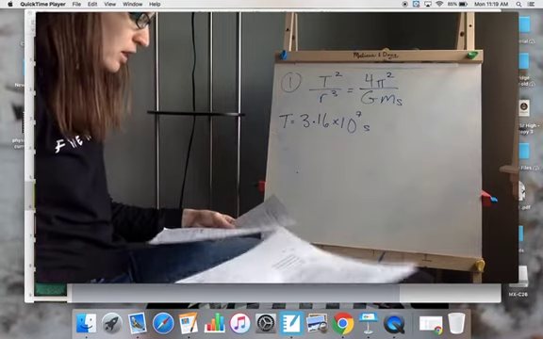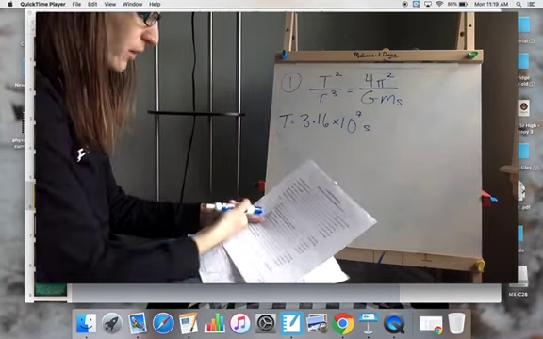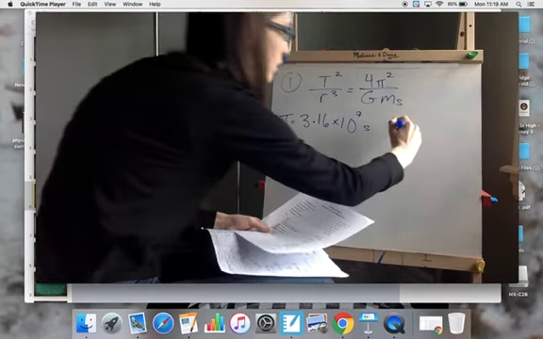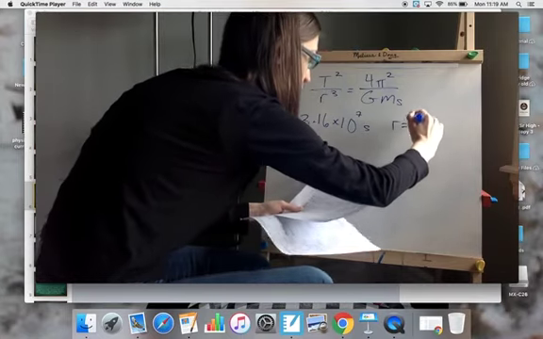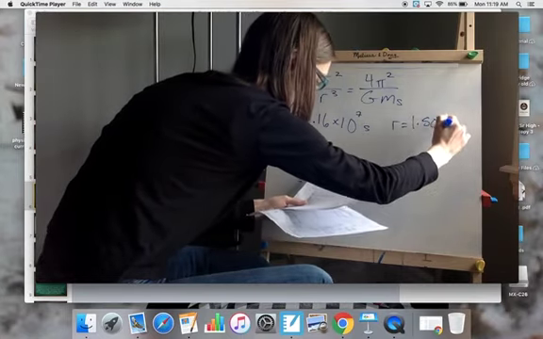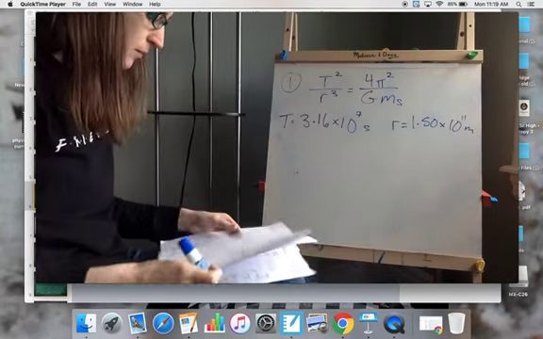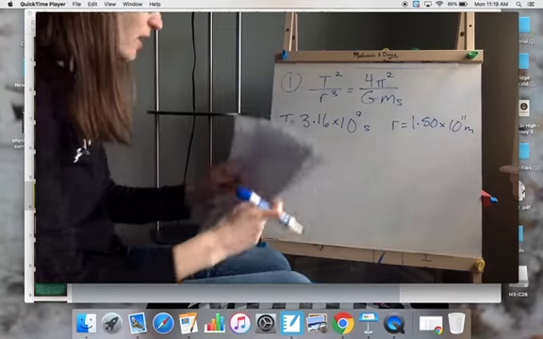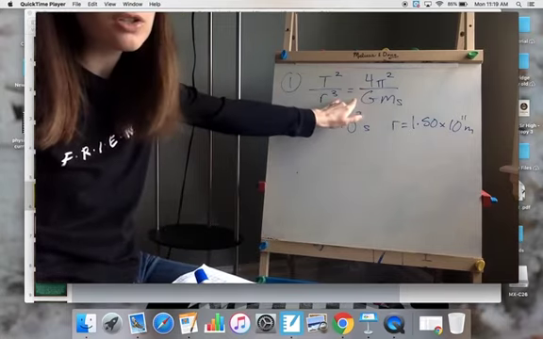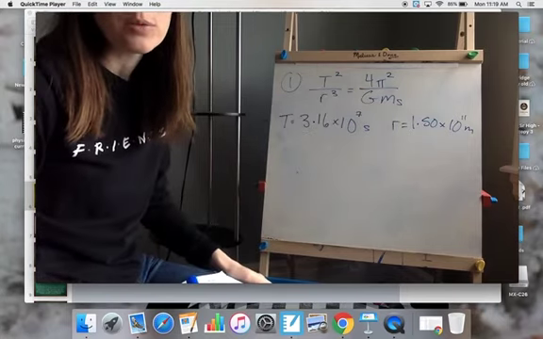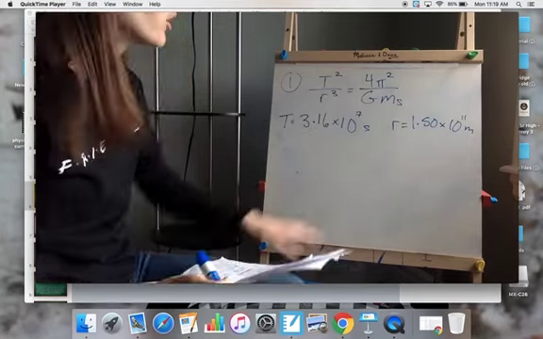We also need the radius of orbit around the sun. That value is given to us as 1.50 times 10 to the power of 11 meters. Then it's just a matter of rearranging this formula and plugging those values in. Ultimately, we're looking for the mass of the sun, our unknown.